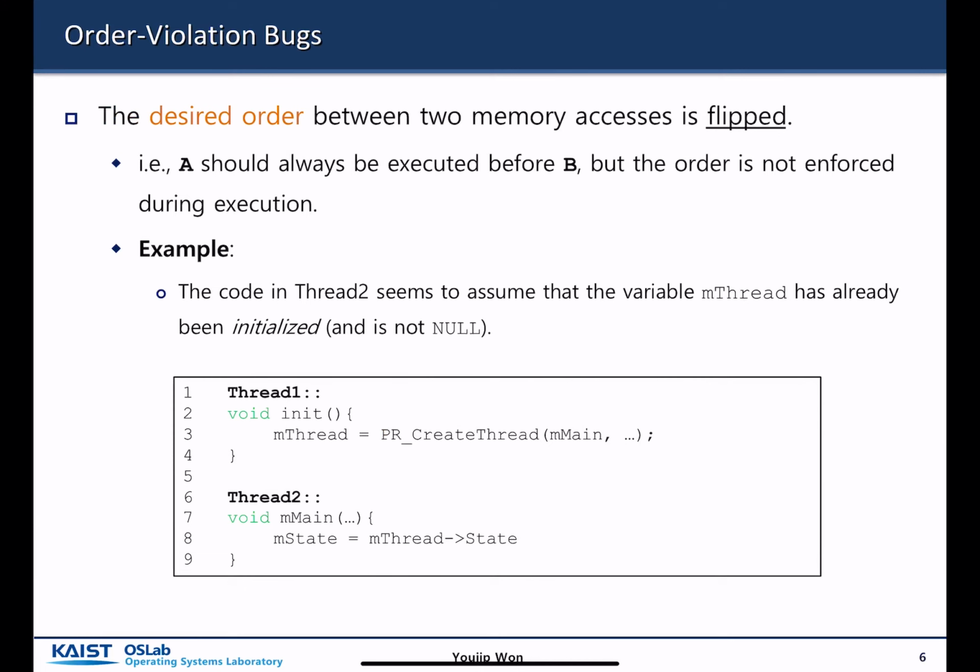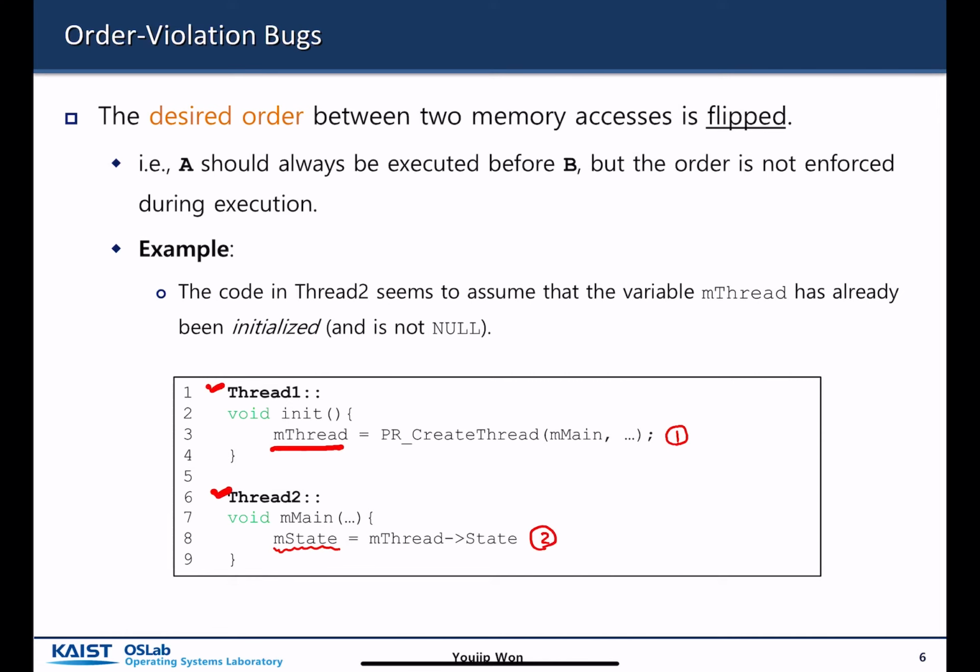Let's consider two scenarios. There are two threads, thread 1 and thread 2. Thread 1 initializes the thread, and thread 2 assigns the state of the thread to the local variable. So in these executions, we have to ensure that thread 1 creates the thread first, and then the second thread is executed.